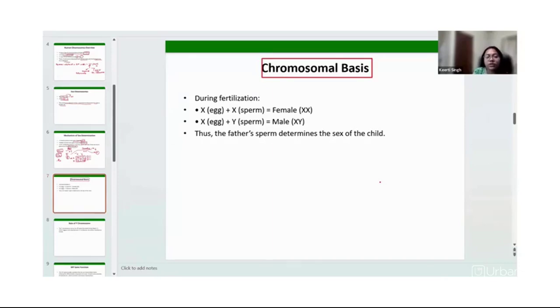So during fertilization, what is happening? If the sperm containing X is going to fuse with the egg containing X, the egg will always contain X, right? So if an XX combination is formed, the sex is female, and if XY is formed, it is male.